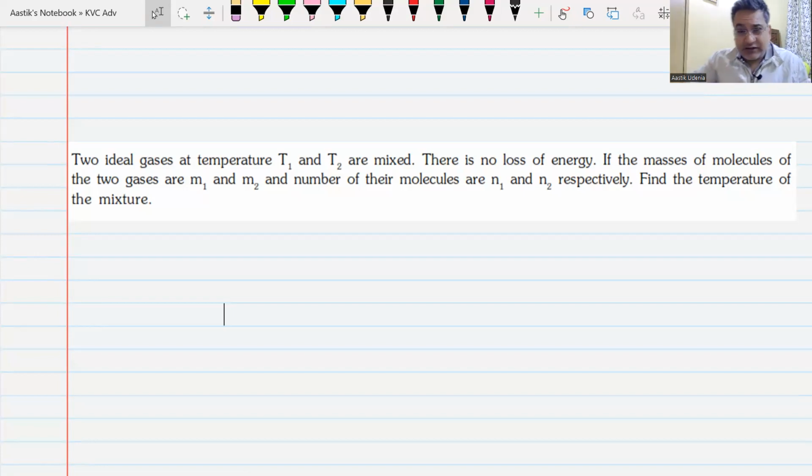We had done something in calorimetry where we had mixed two substances. Here two gases are mixed.